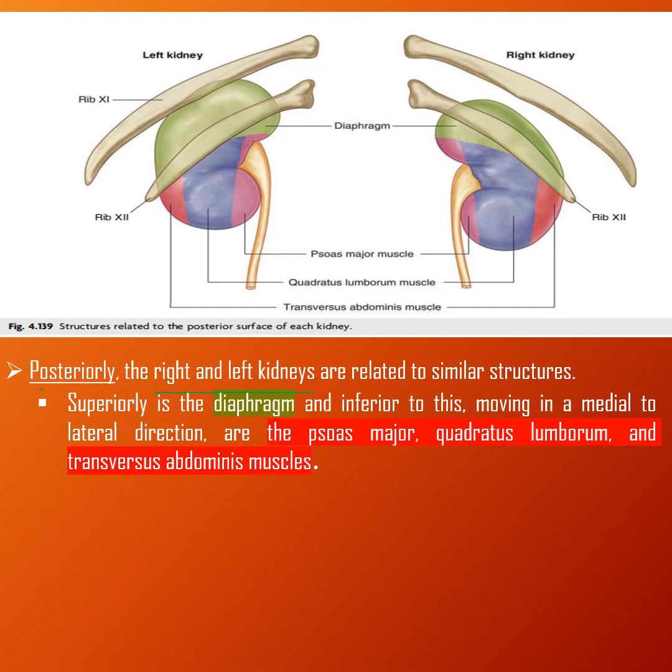Superiorly it is related to the diaphragm, and inferior to this, moving in a medial to lateral direction, it is related to three muscles, which are the psoas major muscle, quadratus lumborum muscle, and transversus abdominis muscle.